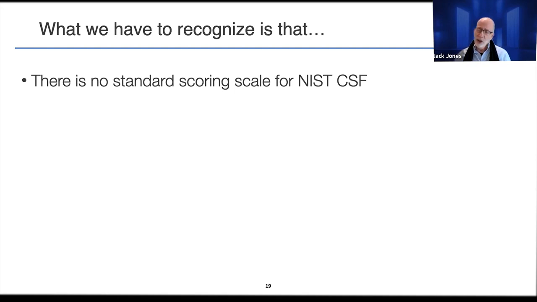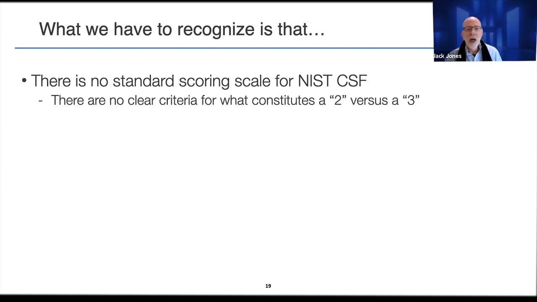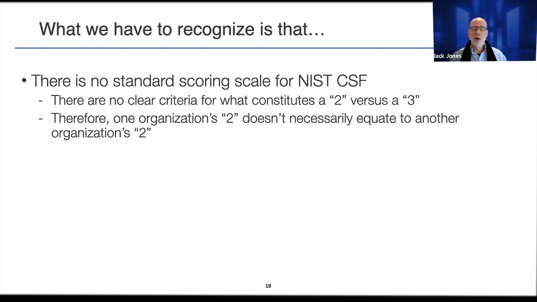And that was intentional, as I understand it, because NIST didn't want to pigeonhole the world into their worldview on scoring. I get the logic behind that, but that presents some challenges and limitations too, in terms of things like benchmarking or solving the problem we're trying to solve here. Consequently, there is no clear criteria on what constitutes a 2 versus a 3, and so a 2 in one organization may not equal a 2 in another organization.